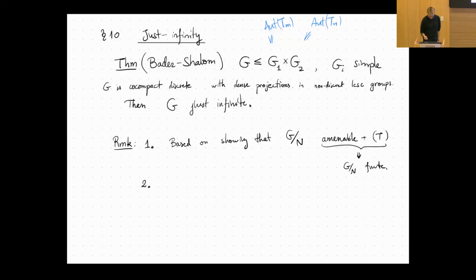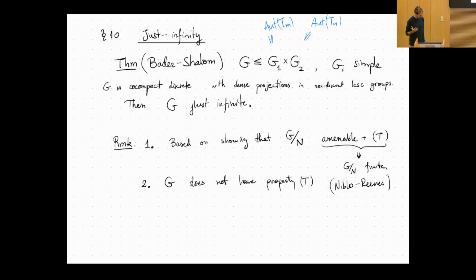The second thing I want to mention is that quite generally, the groups that act on CAT(0) cube complexes do not have property T. So one cannot just expect expansion out of the box, so to speak. So G does not have property T. This is a result of Niblo and Reeves.